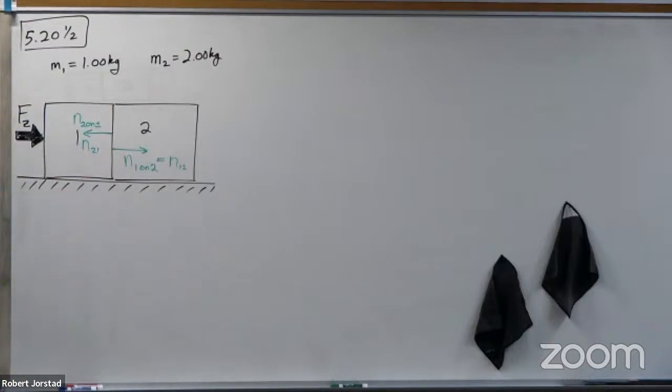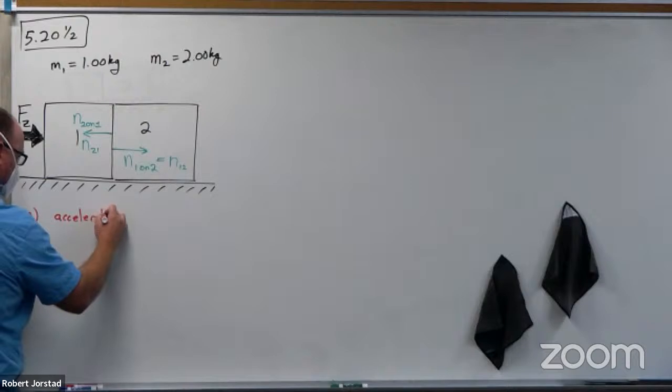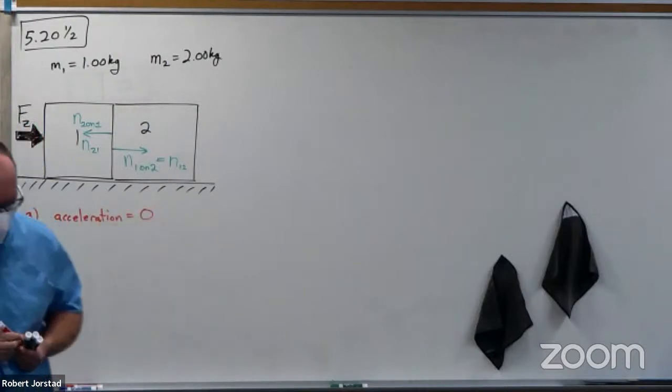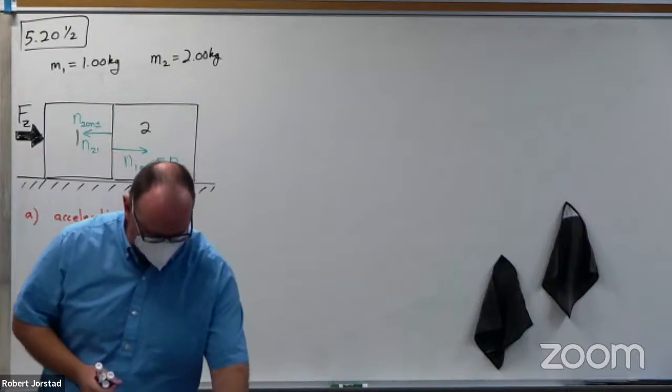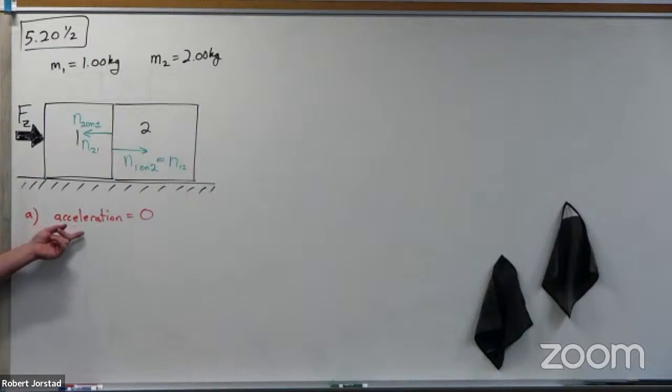In the first problem, part A says acceleration equals 0. Do you agree it says if the blocks move to the right at constant speed, isn't that the same thing as telling you the acceleration is 0?